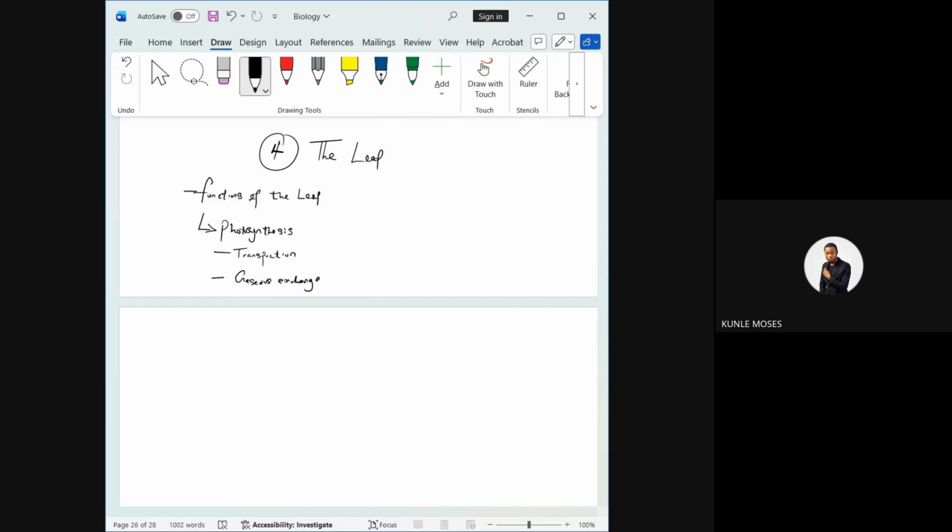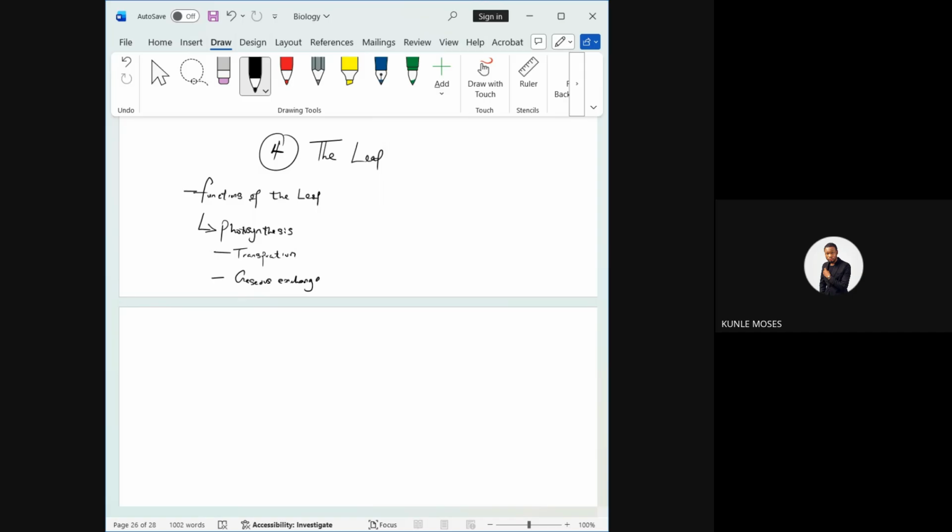Can somebody explain what photosynthesis is and how the leaf carries out this function? Anybody? Anybody, please? You guys have to talk. Can you explain how the leaves function in photosynthesis?